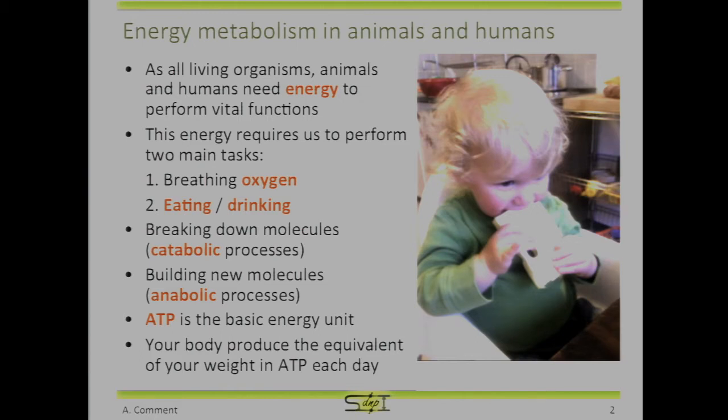Once we eat and we breathe, we can break down molecules. That is called a catabolic process. And we can build new molecules. Basically, our body can build new molecules. It's called an anabolic process. To do that kind of task, we count on ATP, which is the basic energy unit. You all know that. And as impressive as it is, your body produces the equivalent of your weight in ATP each day. So that is quite a factory, right?